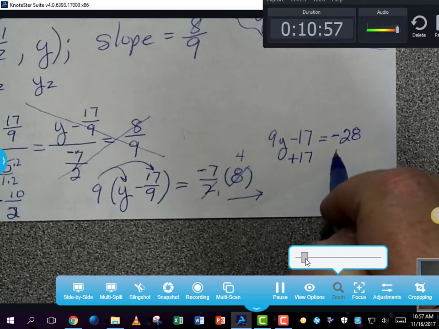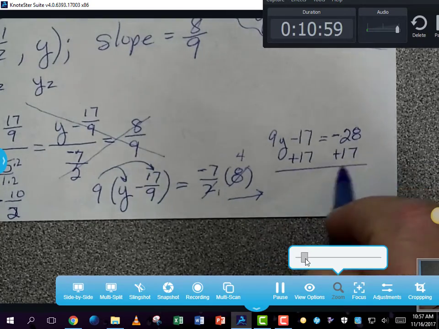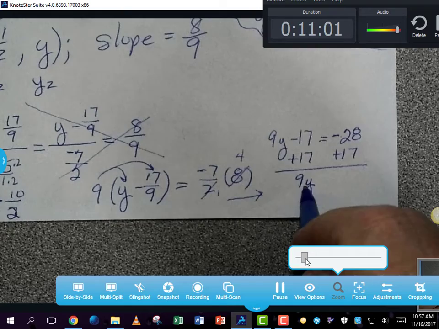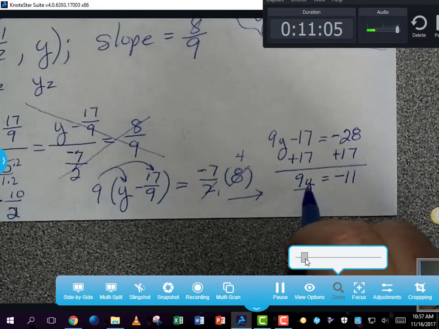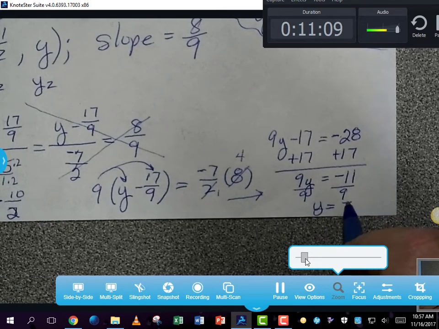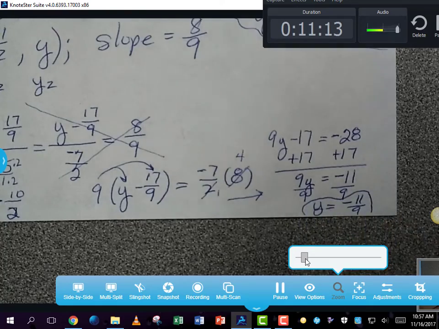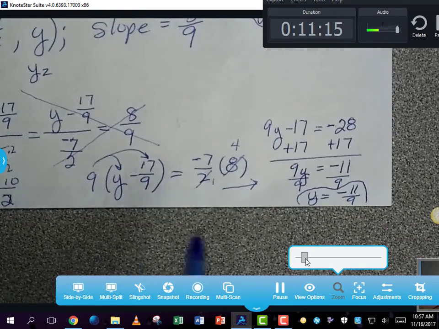Add 17 on both sides. I'm going to get positive 9y equals negative 11. Divide both sides by 9. I get y equals negative 11 ninths. And again, I'm so sorry about not giving enough space, but use some lined paper and you'll have plenty of space. The end.